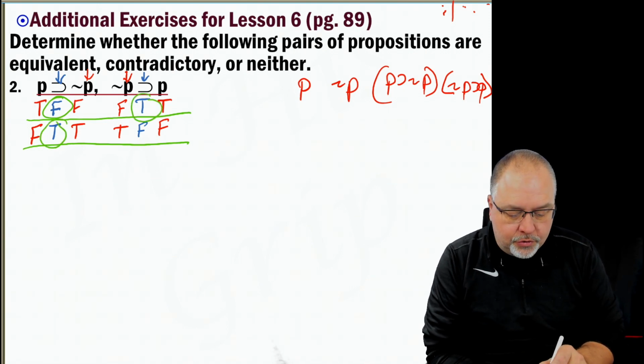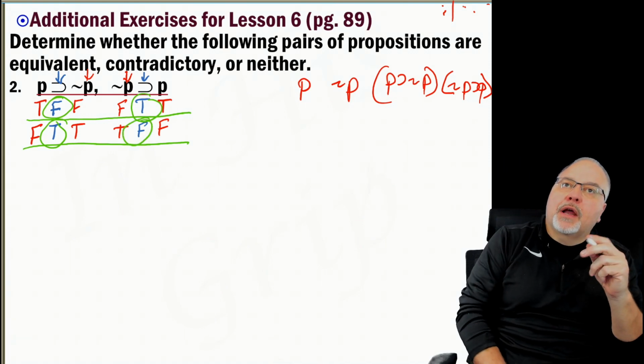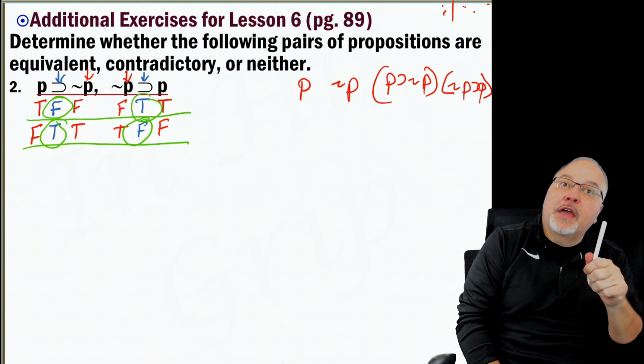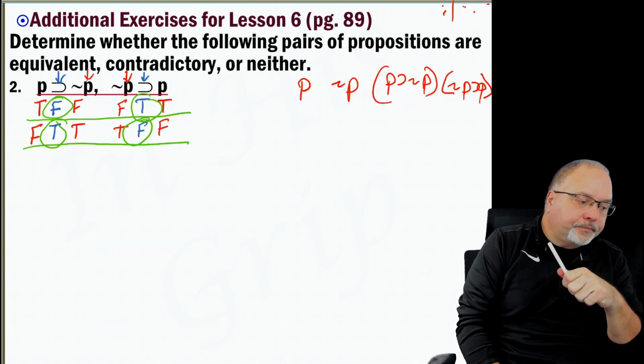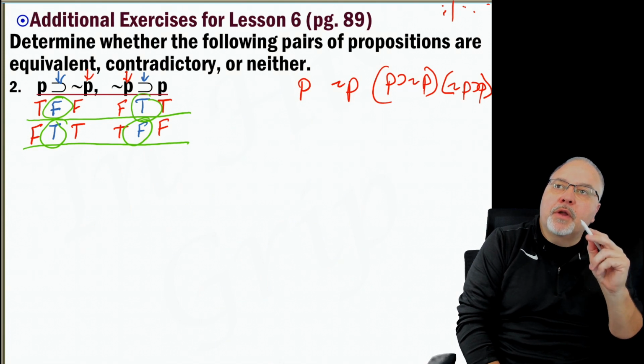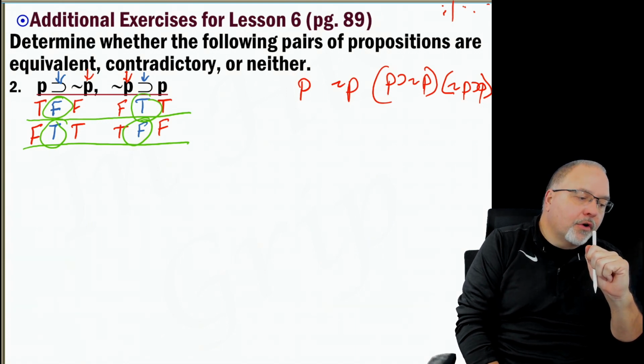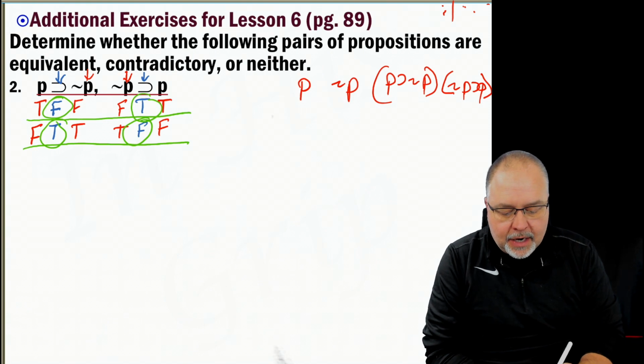And then true, false. Essentially what I'm doing here is, when I'm determining whether they're equivalent, contradictory, or neither, these are the opposite on every single line. And so this is contradictory.